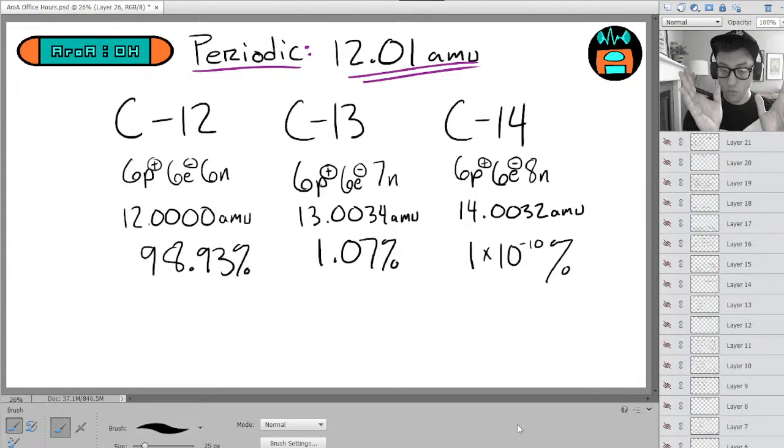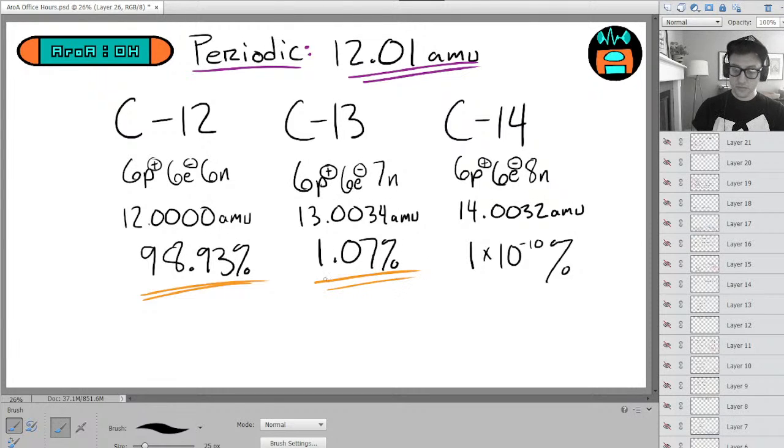So what a weighted average does is it doesn't just take into account the mass of each carbon, it takes into account the abundance of each carbon. The reason why the periodic table tells you that carbon has an atomic mass of 12.01 is because almost all carbon in the universe is carbon-12. A severe minority of carbon atoms is carbon-13, about 1 in every 100, and an almost undetectable amount of carbon atoms is carbon-14.